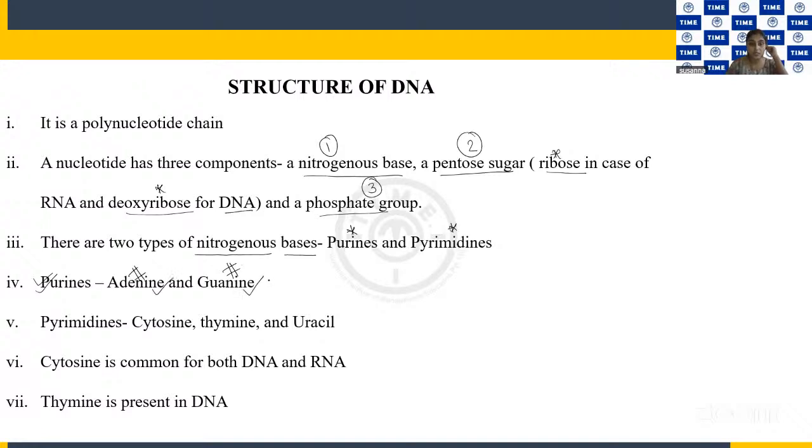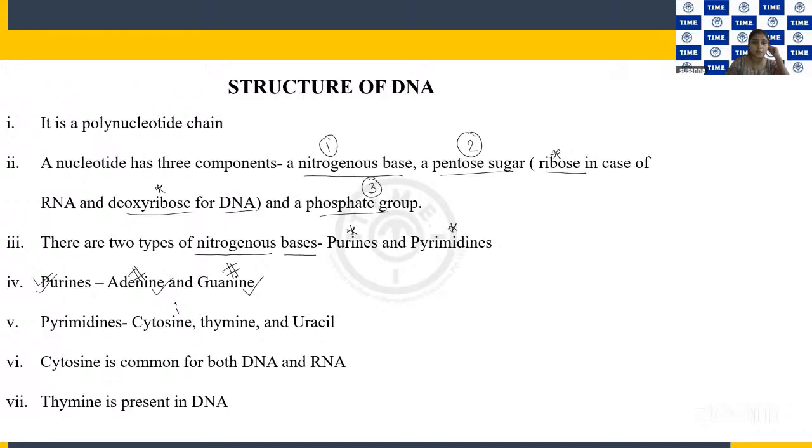Students, please be careful. Nitrogenous bases have two types, purines and pyrimidines. Under purines, we have two, adenine and guanine. Under pyrimidines, we have three, cytosine, thymine, and uracil.